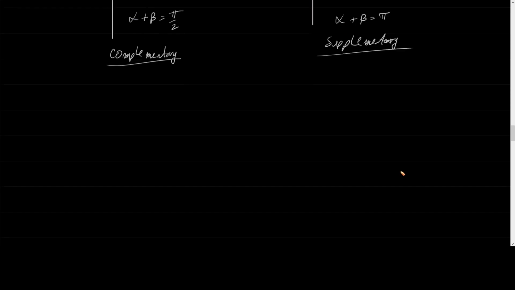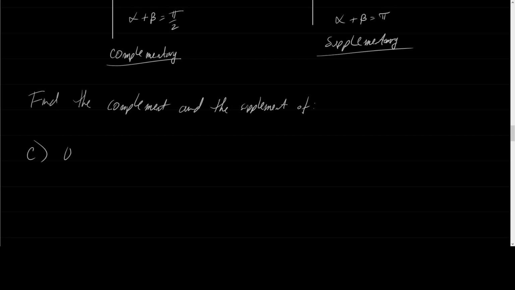Now, let's figure out how to find some of these. So find the complement and the supplement of the following. And I believe we're on example C. So let's say theta being pi over 6. The complement's easy, right?